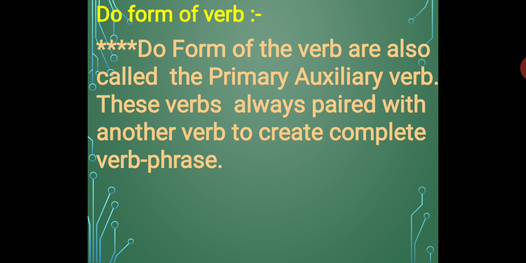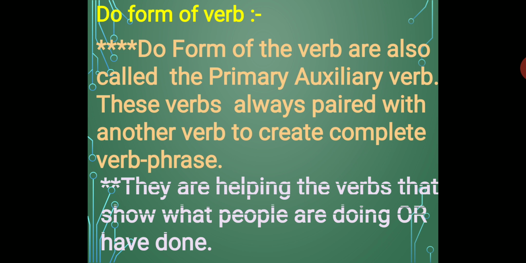So to create a verb phrase, we use the do form of the verb. They are helping verbs that show what people are doing or what they have done. So the do form of the verb is a helping verb.